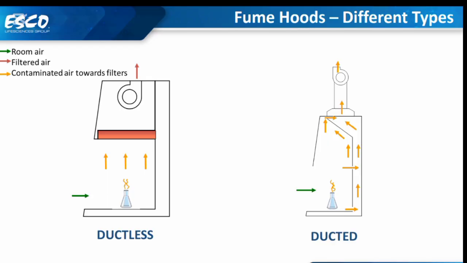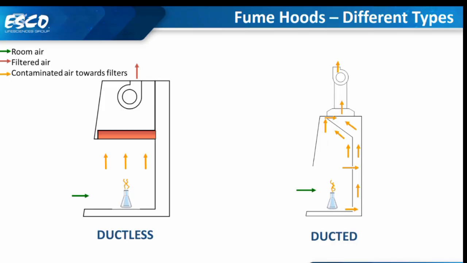So if you see on this illustration, the green arrows represent the room air or the air in the lab, and then the filtered air is represented by the red arrow. This is for the ductless fume hood, and then contaminated air towards the filter is the yellow arrow.